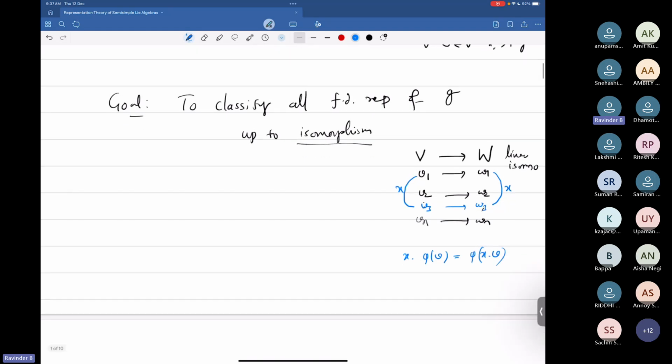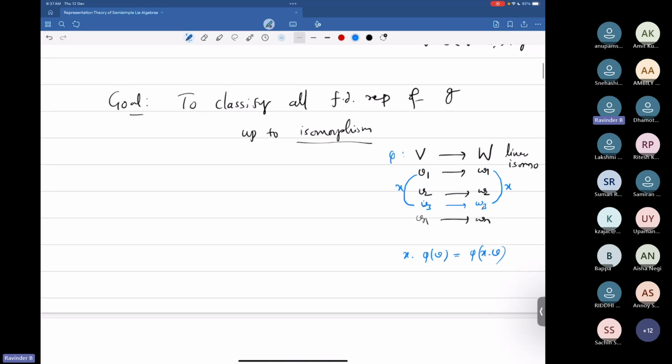So it preserves the dot action. The map pi should be preserving the dot action, and it is a bijective linear map.